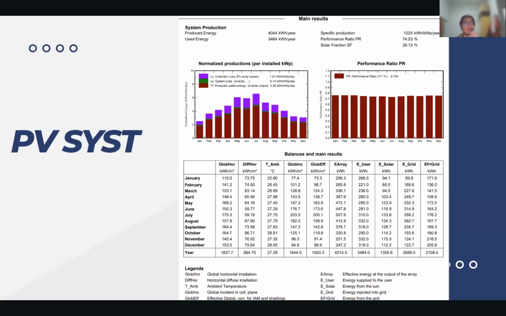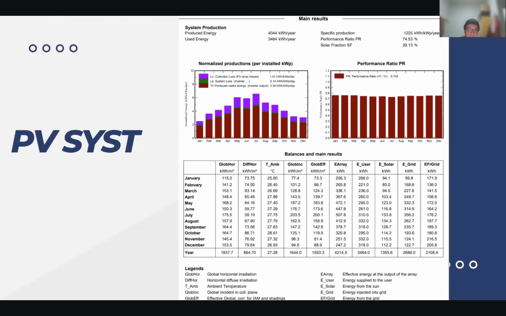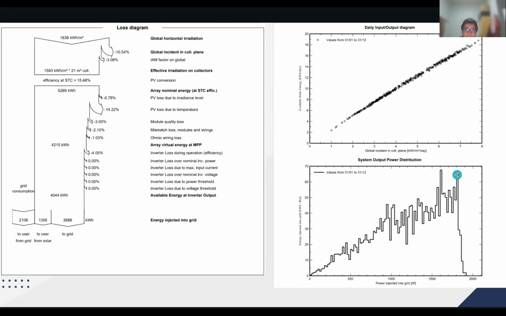And we can also choose the PV panels and the inverter that we want to use. After you put it all in PVsyst, we will get this data and this data. This is a loss diagram, daily input-output diagram, and system output power distribution.